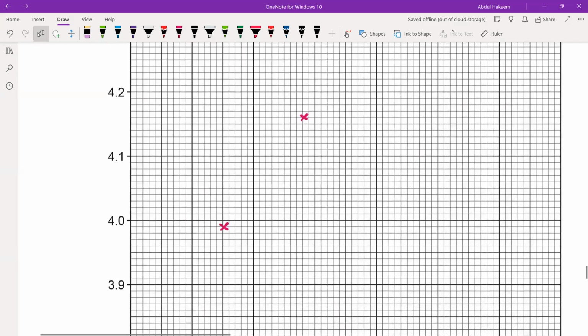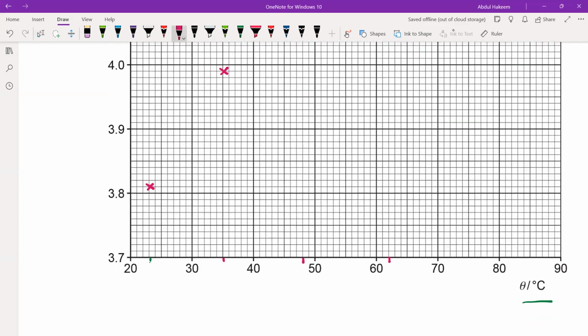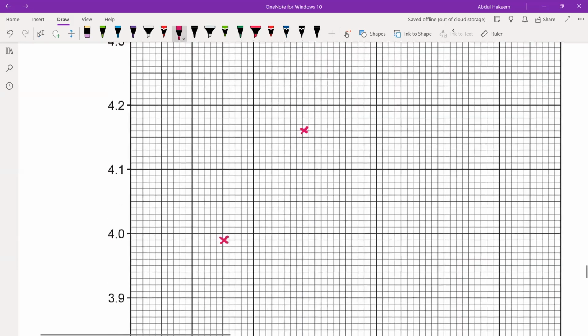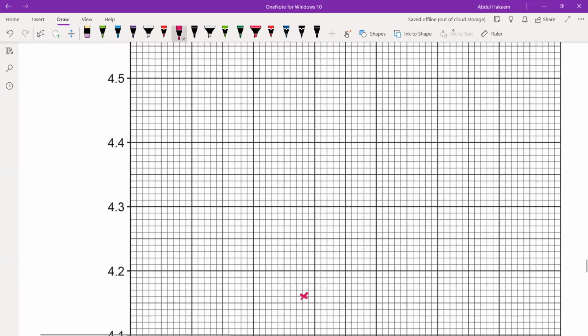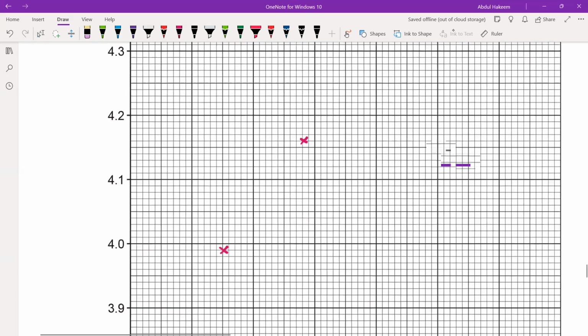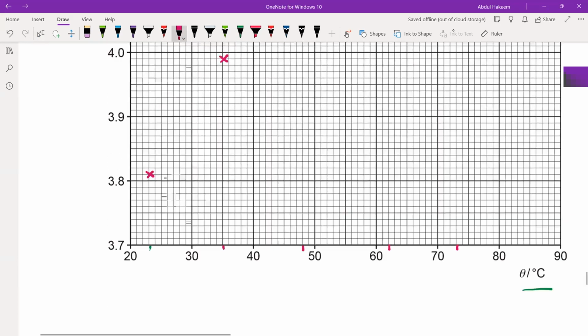And the next is 62 and 4.33. Sixty-two and 4.33, 1, 2, and 3. And the next is 73 and 4.48.